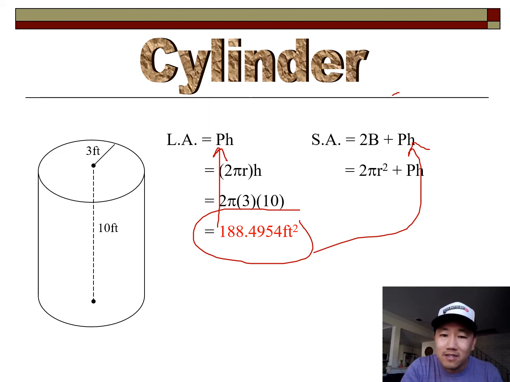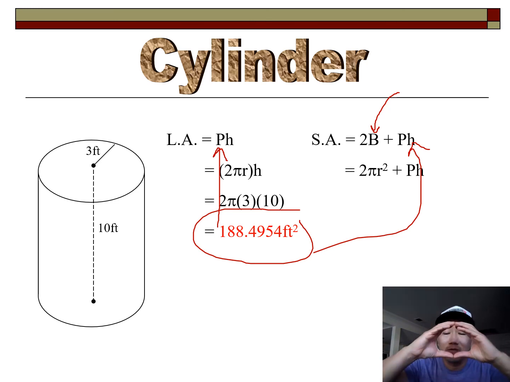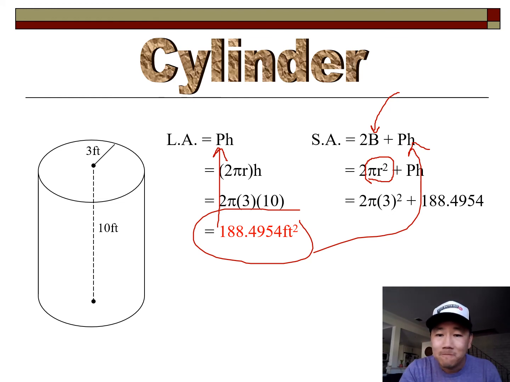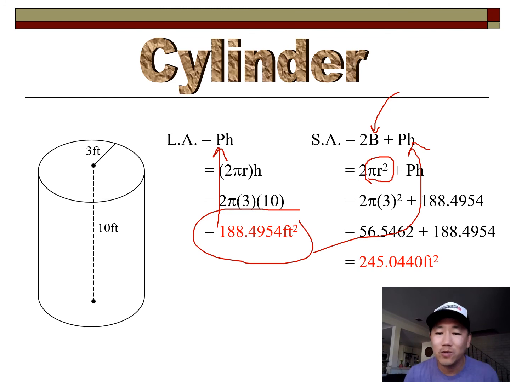And then to find the big B, which is the area of the base, we know the formula for the area of a circle is pi r squared. Okay, so let's plug in all that we know and use a little calculator to punch everything in, and we should get about 245 feet squared. All right, so that's how you find the lateral area and surface area of a cylinder.